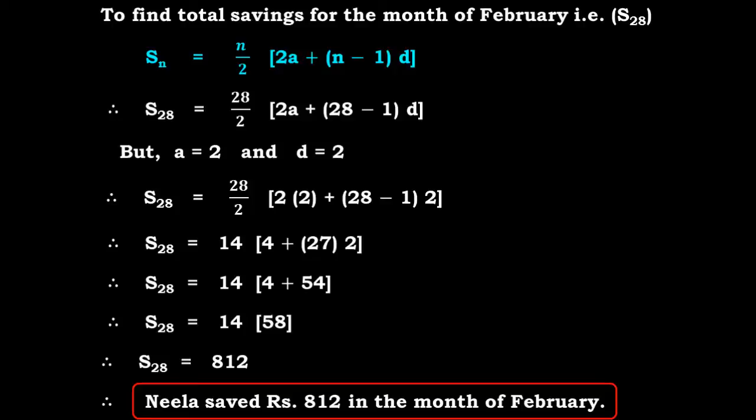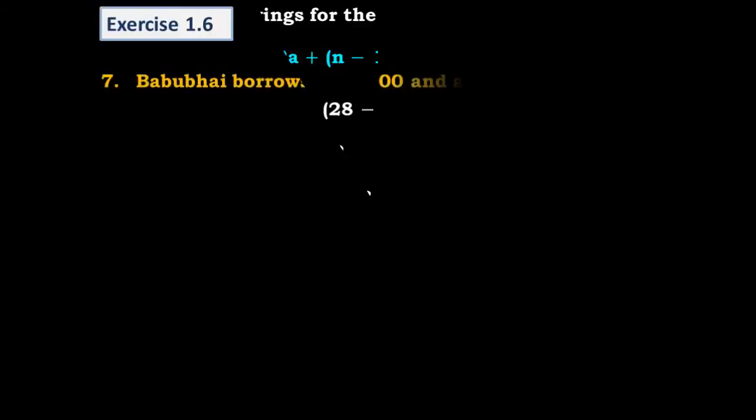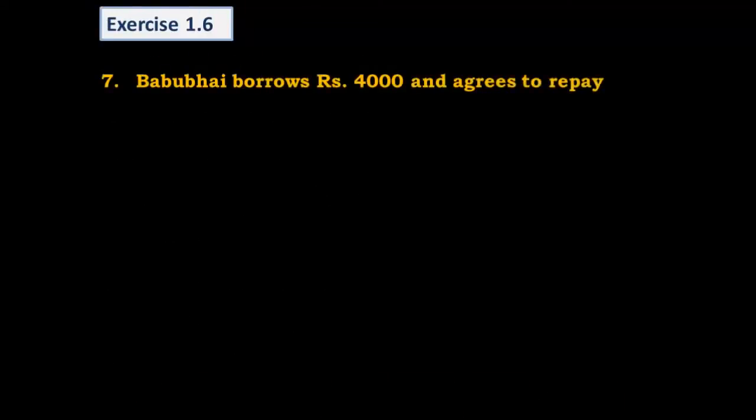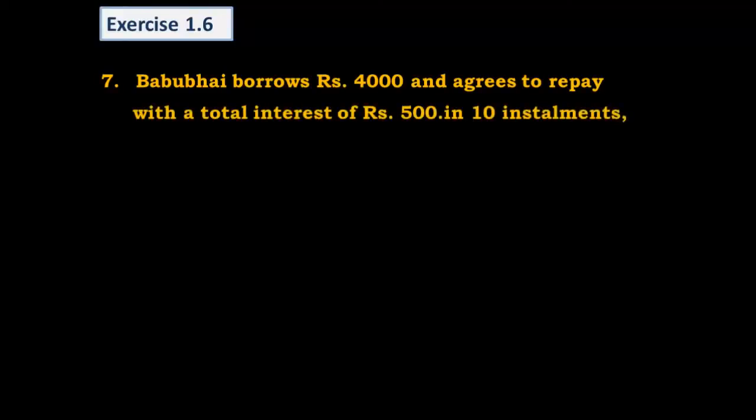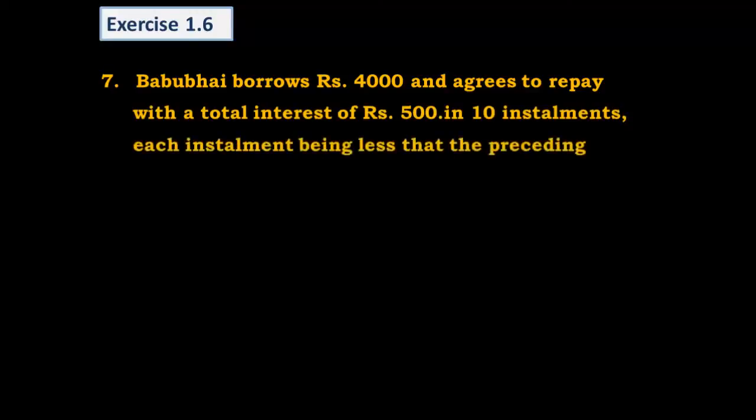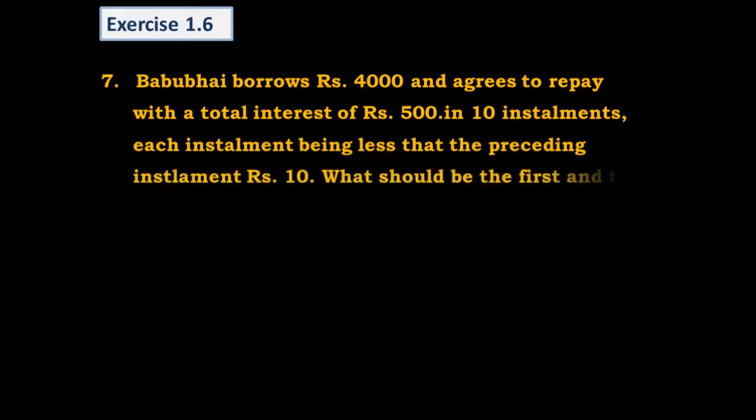Babu Bhai borrows rupees 4,000 and agrees to repay with a total interest of rupees 500 in 10 installments, each installment being less than the preceding one by rupees 10. What should be the first and the last installment?